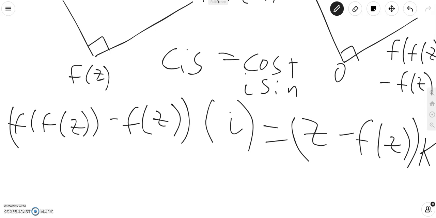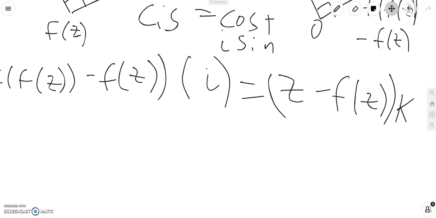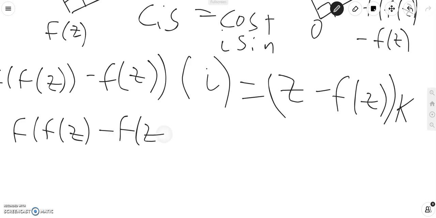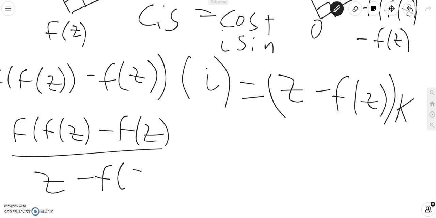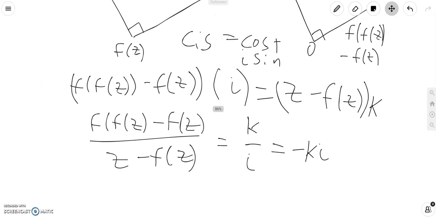We divide by z − f(z) and by i on both sides, and we get (f(f(z)) − f(z)) over (z − f(z)) equals k over i, but k over i is just −ki. So essentially the expression on the left-hand side has to be pure imaginary, in the sense that it is a scalar multiple of i without a real part.